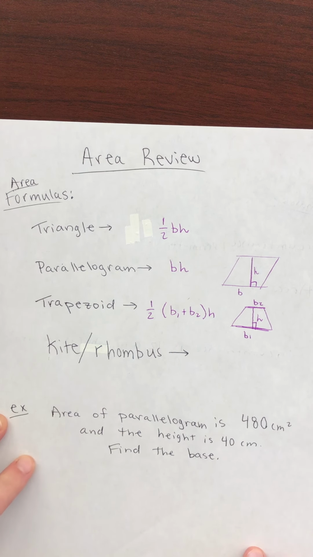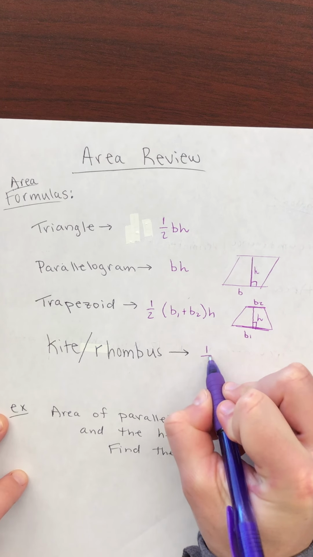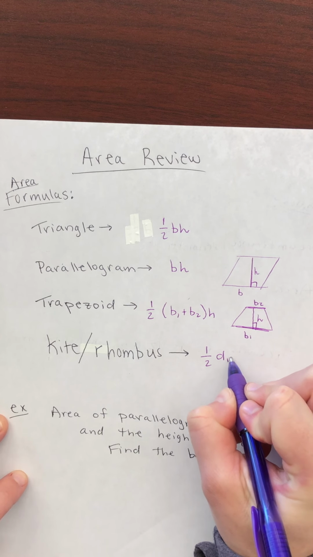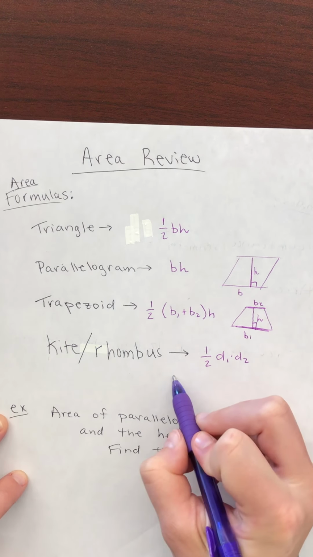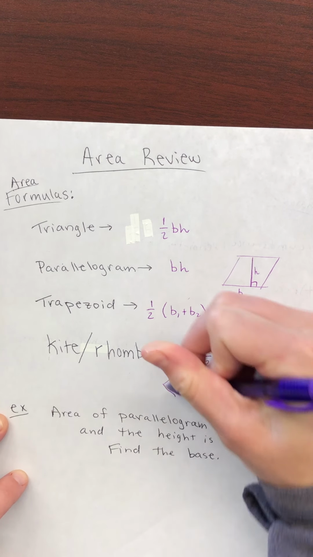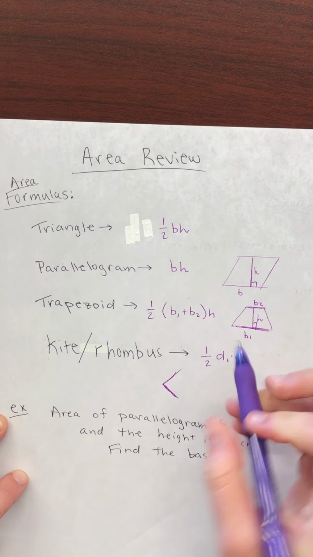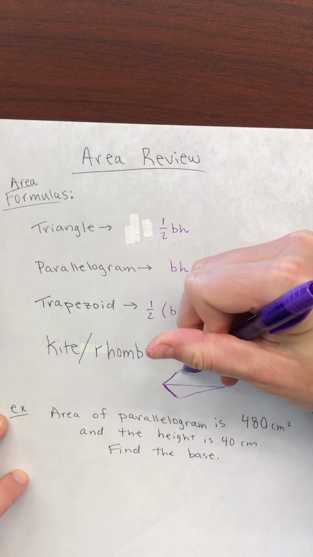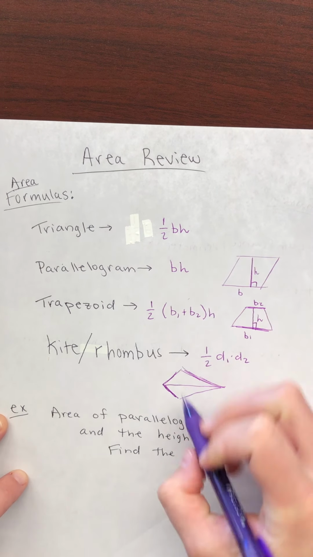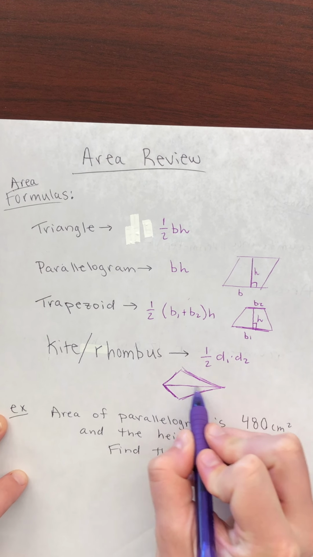Okay, and then last is a kite and a rhombus. They have the same formula. It is 1/2 diagonal 1 times diagonal 2. I'm going to draw a kite here. I know you guys miss Miss May's drawing skills in class, so here we go.